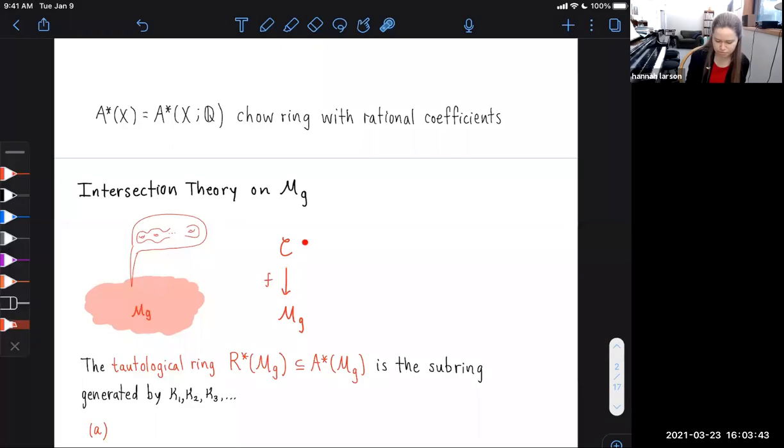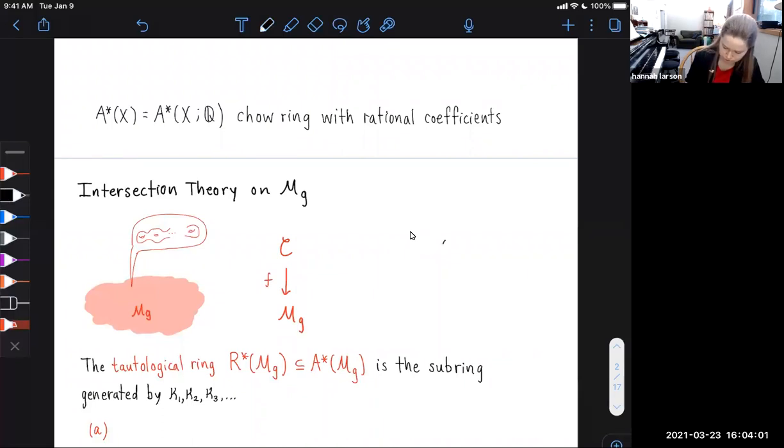map from C, the universal curve, to M_g, F. And a natural way that we can make classes on the moduli space of curves is as follows.